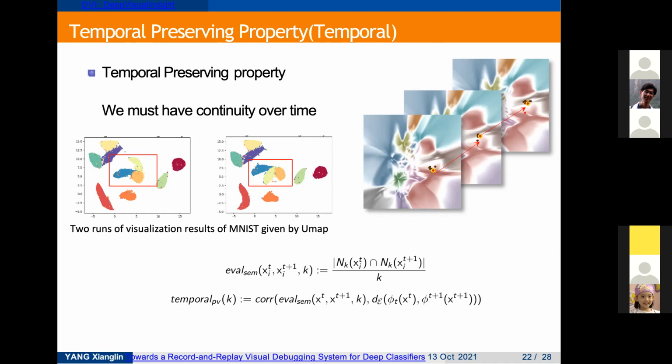The rationale here is that if the neighbors of some sample did not change over time, then its semantics should still remain the same or similar.